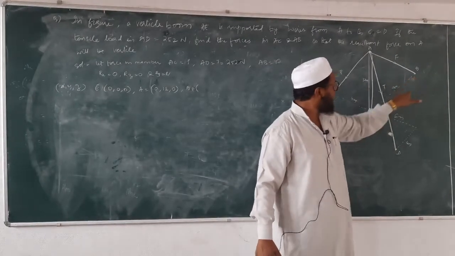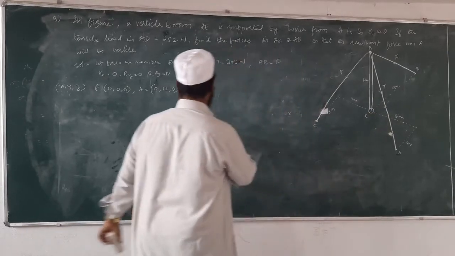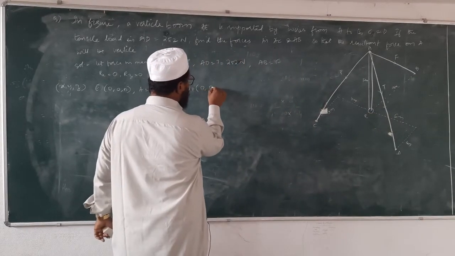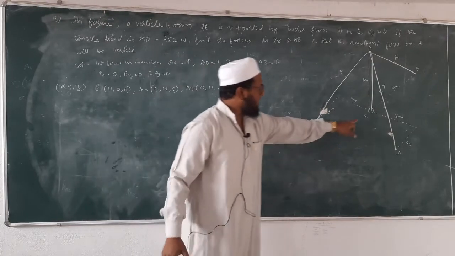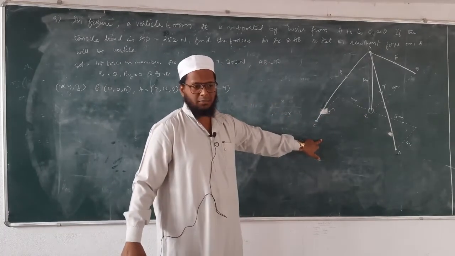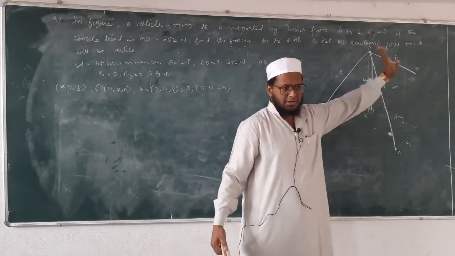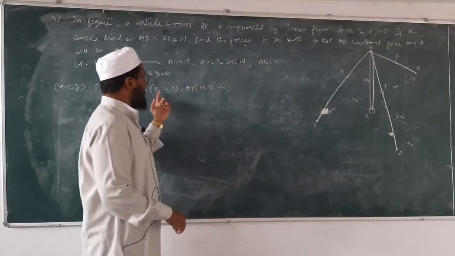Negative z axis, right? So the value will be 0, 0, minus 9. Why minus 9? If it is on this side, it is positive. Beyond this, it will be negative. So A, B is over.